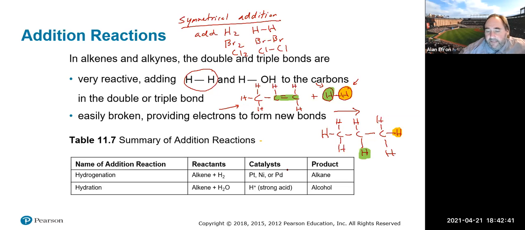You sometimes will need catalysts, and you sometimes see these guys written on top of the arrow, like platinum, nickel, some other stuff. We do end up with a reaction which is sometimes referred to as a hydrogenation reaction. Why is it called a hydrogenation reaction? Because we added hydrogen. Yeah, that's why it's called a hydrogenation reaction.